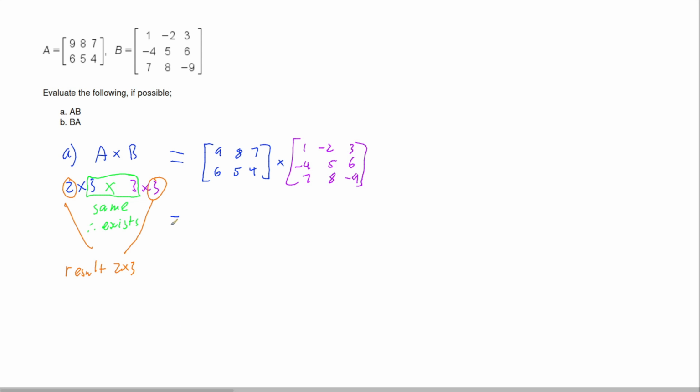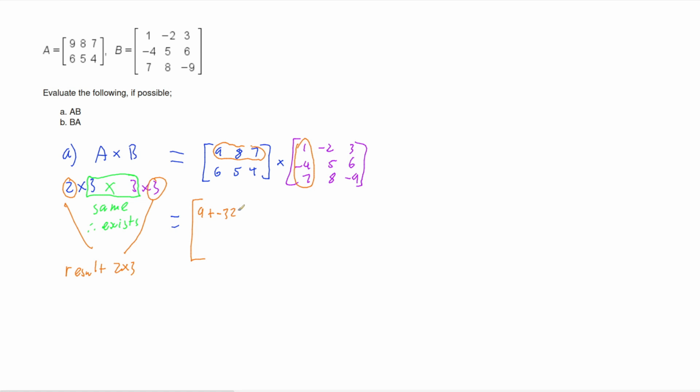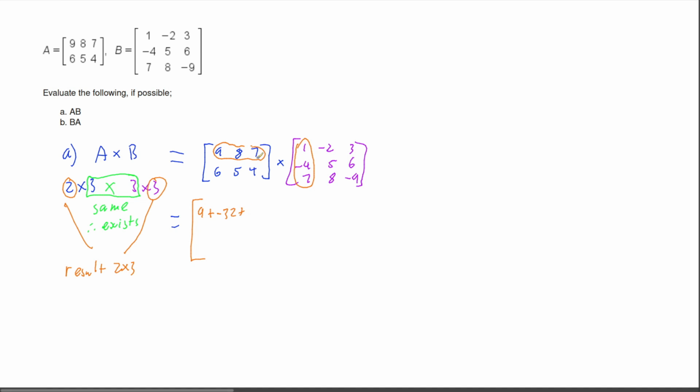So then we start looking at taking rows from the first matrix and multiplying them onto the columns of the second matrix. If I start with my first row and then my first column, 9 times 1 is 9, add that on to 8 times negative 4, which is going to be negative 32, and then add that on to 7 times 7, which is 49.